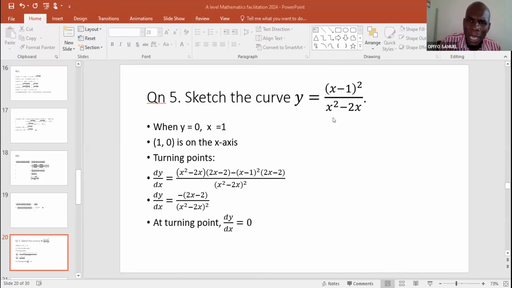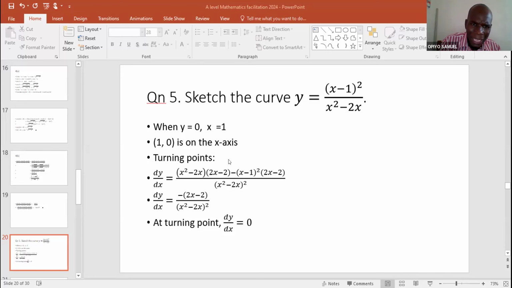You get du/dx and dv/dx. Then we substitute: u, which is this, times dv/dx, which is 2x minus 2. Then u, which is 1 minus x, then the whole thing squared, times dv/dx, which is also 2x minus 2. So here du/dx and dv/dx are equal.